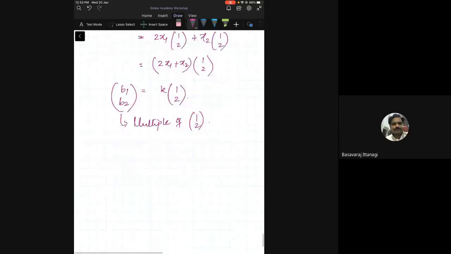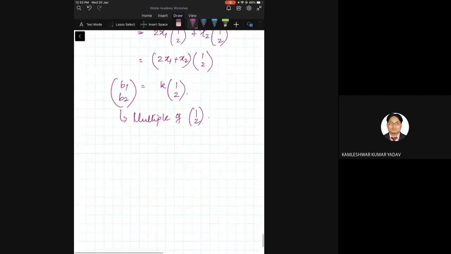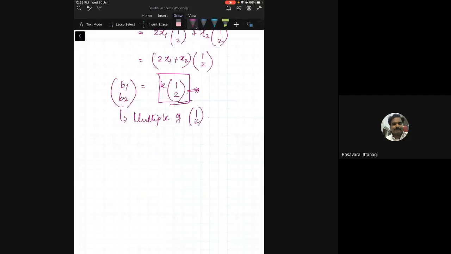Yes. Therefore, if I take a multiple of (1, 2), what is the geometry of this? It's a line through the origin, and through (1, 2).